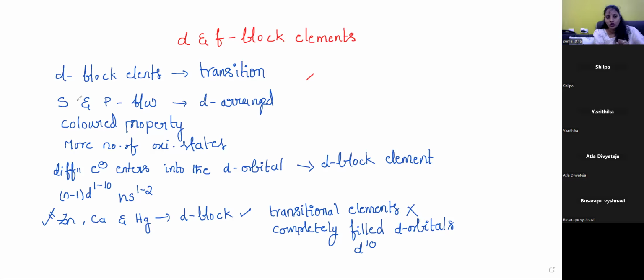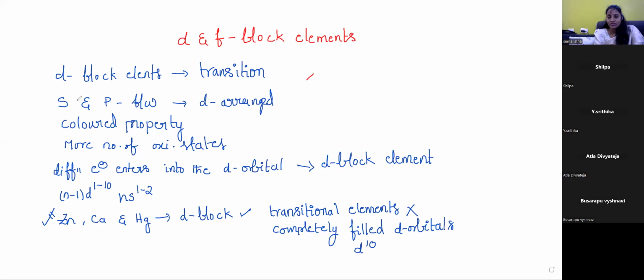Their general electronic configuration is (n-1)d 1 to 10 ns 1 to 2. In the s orbital there may be one electron or two electrons, and in the d orbitals there may be 1, 2, 3, up to 10. But if you check zinc, cadmium, and mercury, these three elements do not come under transitional elements, but they come under d block elements, because these three elements have completely filled d configuration.